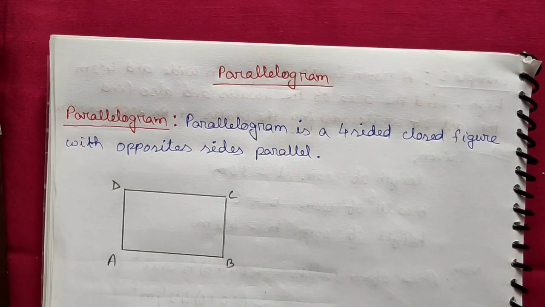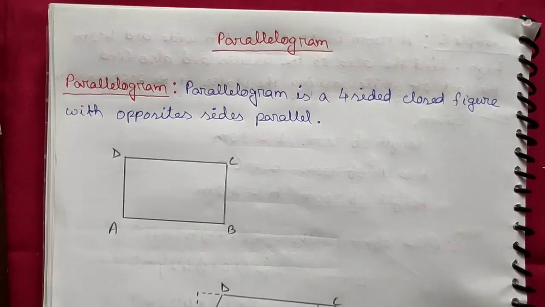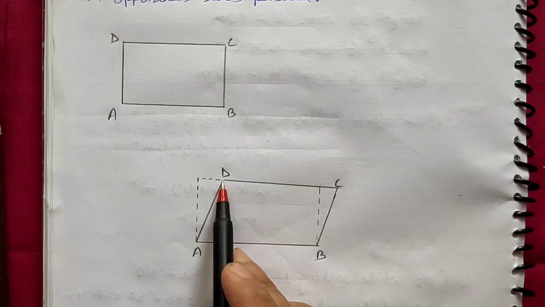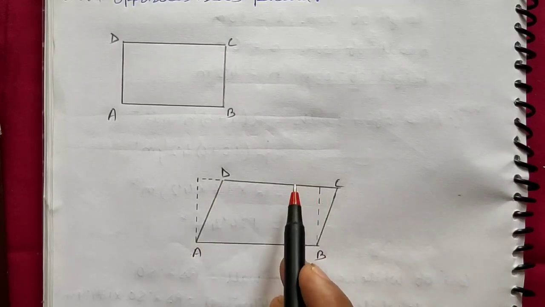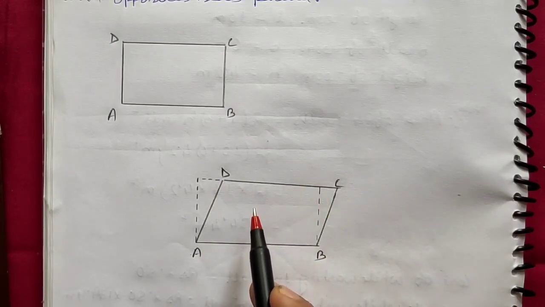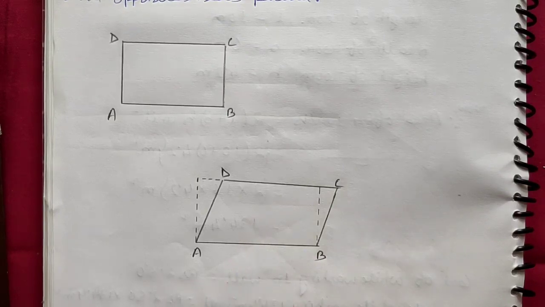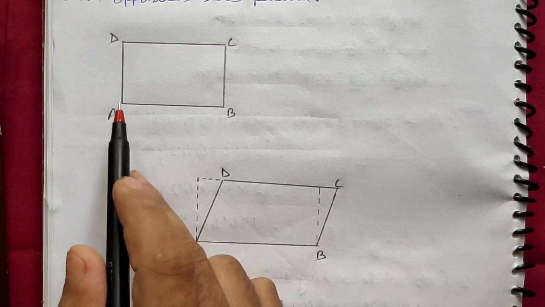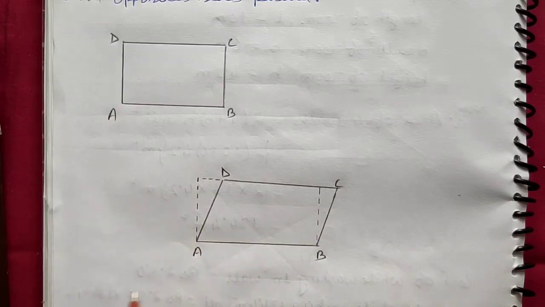Can you say what will happen? It will be like this. We have moved the vertices D and C along the line DC. Now can you see what is happening? The lines AB and CD are still parallel to each other. But in the rectangle the angle was 90 degrees, while in this case the angles are no more 90 degrees.